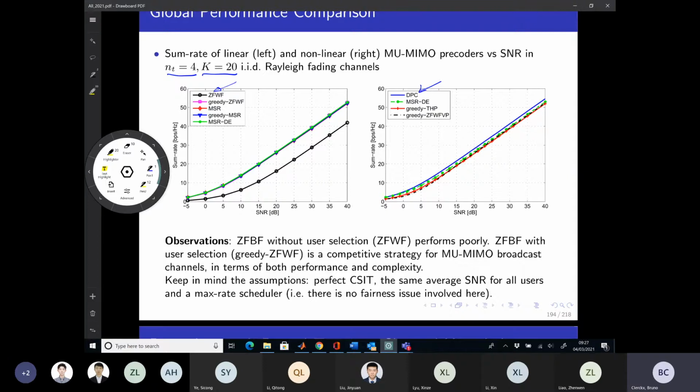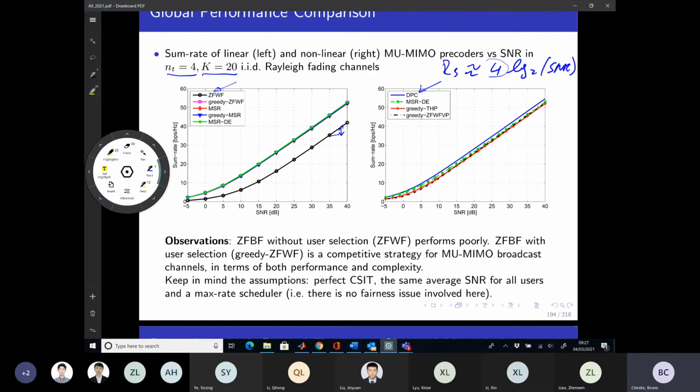So if you increase your SNR here by 3 dB, you will gain 4 bits per second per hertz. So the slope of this should be equal to 4. You're gonna have to zoom here, but essentially, if you increase by 3 dB, you should get 4 bits per second per hertz, right?